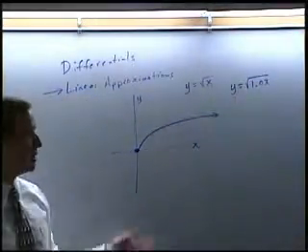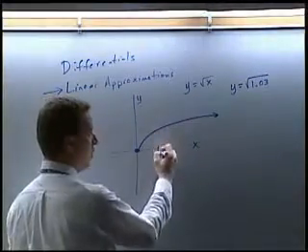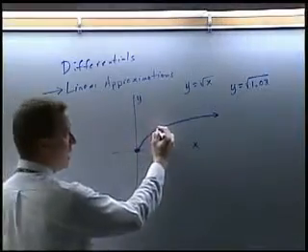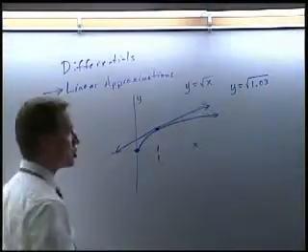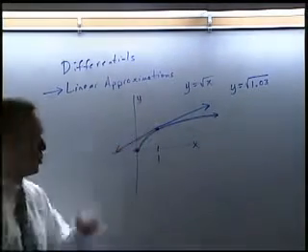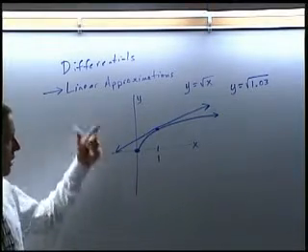So here's the concept. Here's what I'm going to do. I'm going to write a linear approximation for this function, wherever 1 is at. I'm going to come in here and write a linear equation that goes right through that point at x equals 1. Now, why would I want to do something like this? Well, here's the idea.